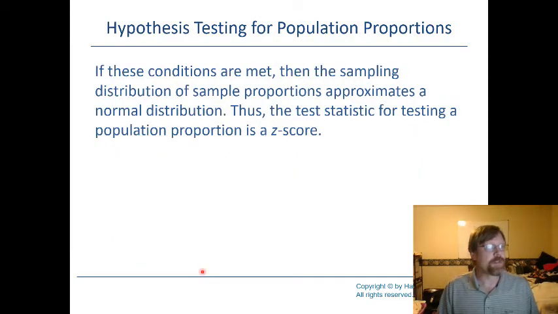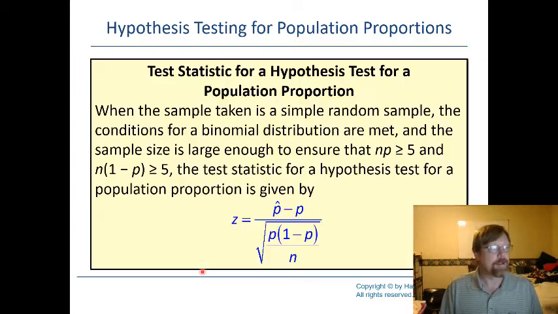If those are true, then the distribution of sample proportions approximates normal, and we can use the normal distribution and a z-score. As we saw in Chapter 6, the z-score for a proportion is calculated using this formula. We've got our sample proportion minus our population proportion, then divided by the square root of the population proportion times 1 minus the population proportion over the sample size.